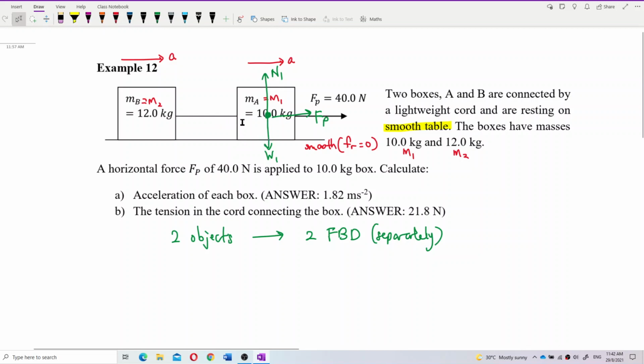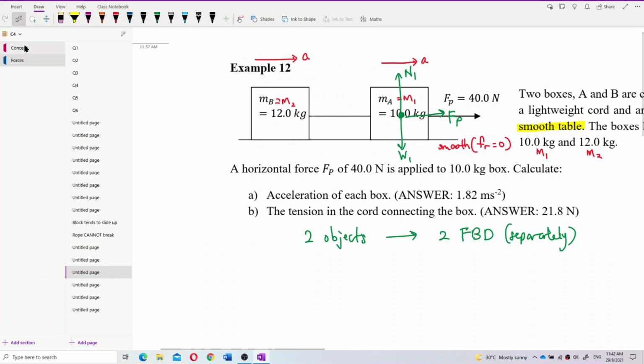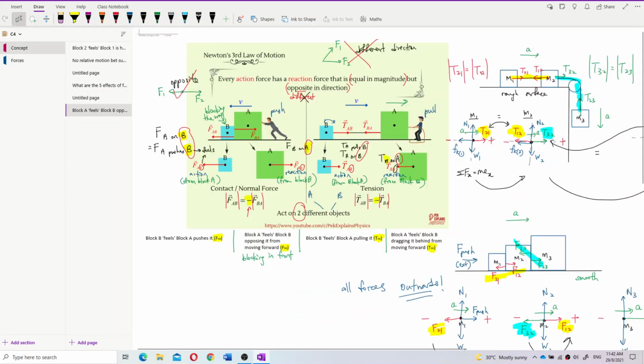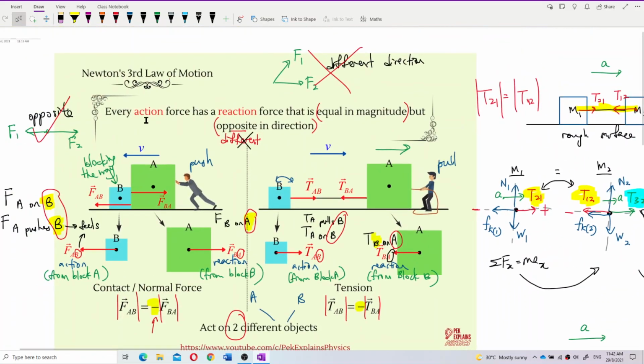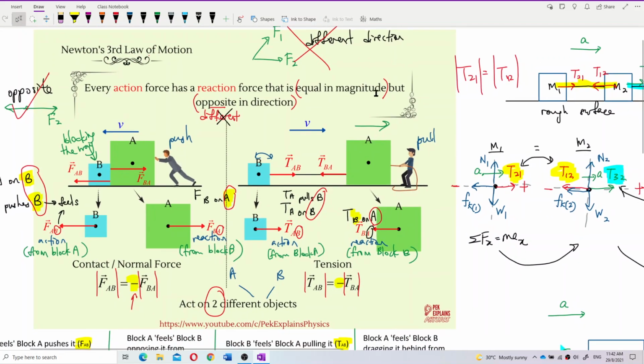The tension. You see, in between the two blocks, they have this action-reaction force. Still remember what I told you about Newton's third law? Every action has a reaction force equal in magnitude but opposite in direction. So block A has TBA, block B has TAB.